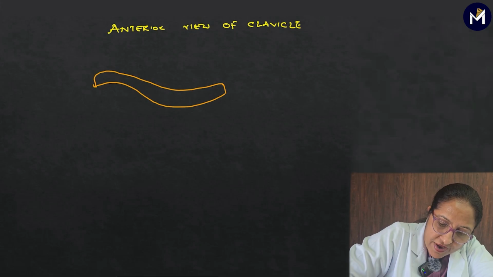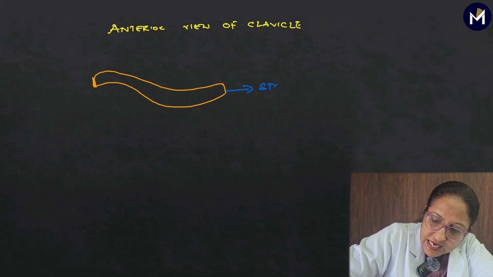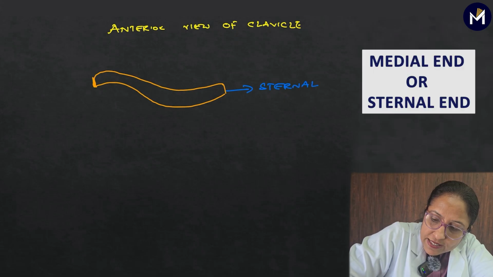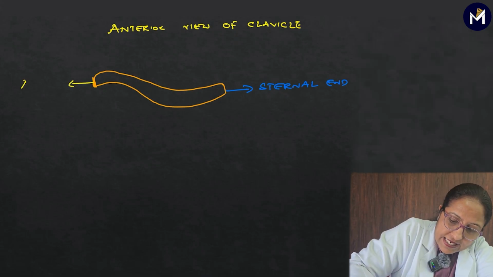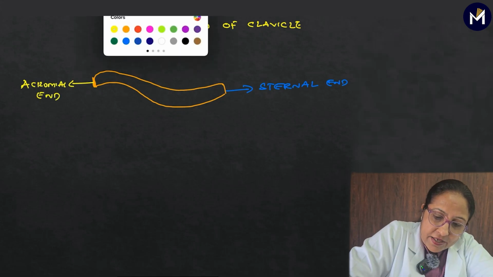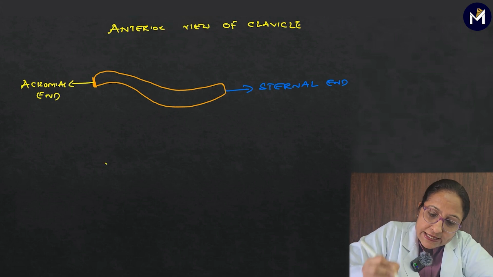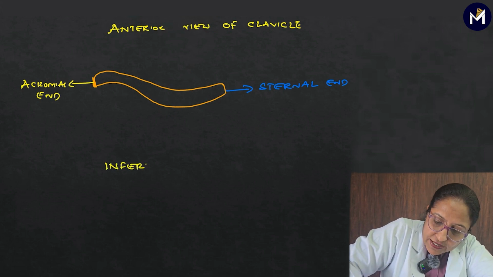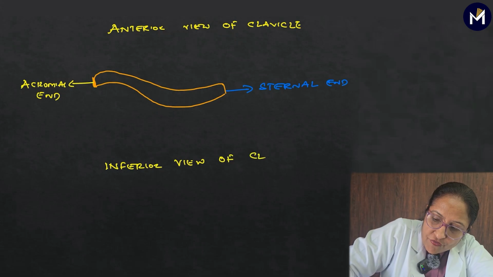So now we understand that this is medial or sternal end of the clavicle, and this is lateral or acromial end of the clavicle. Then we will draw one more view, the inferior view of clavicle. This is the inferior view of clavicle.